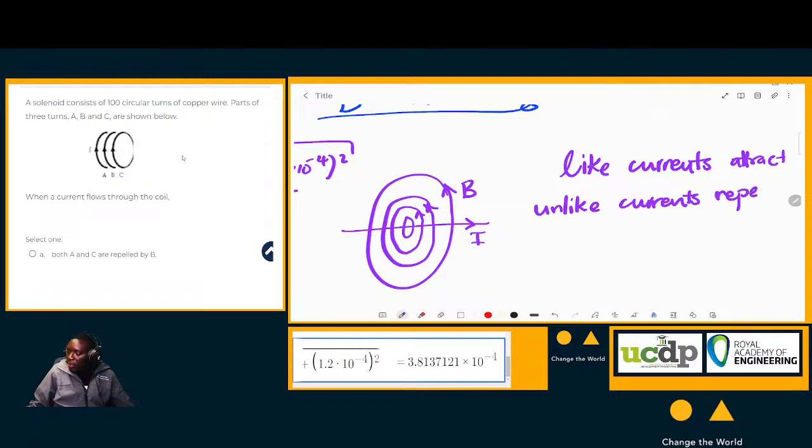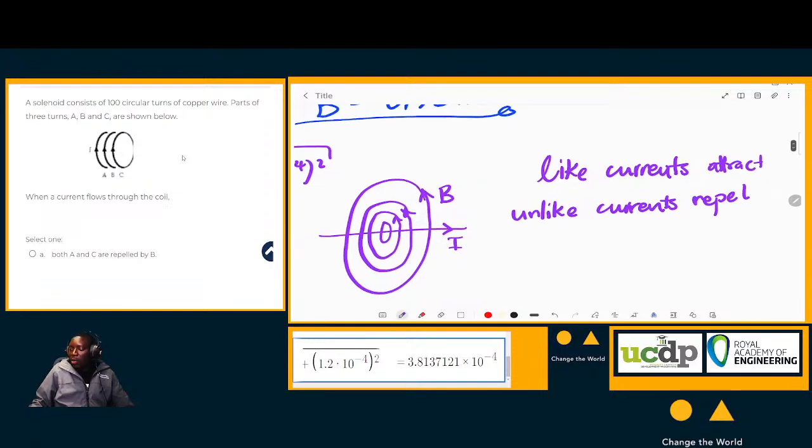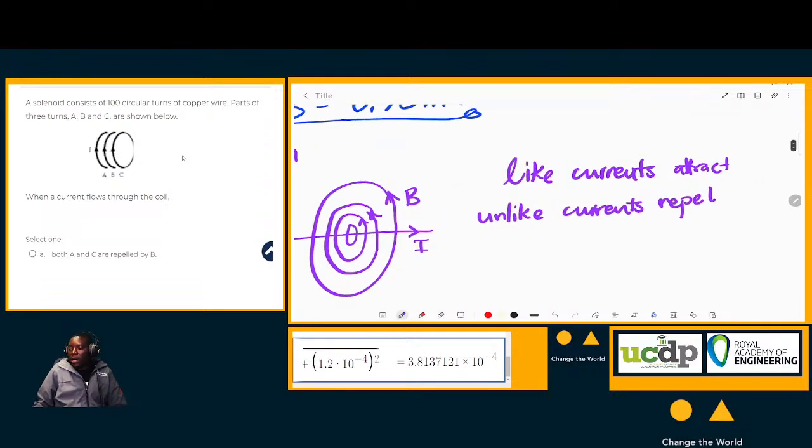So this is opposite to what we know with charges or with magnetic poles. North and south should attract, whereas positive and negative should also attract in electric fields. But when you deal with flowing currents, the currents that are in the same direction will result in a force of one conductor towards the other. So like currents will attract, and unlike currents will repel.